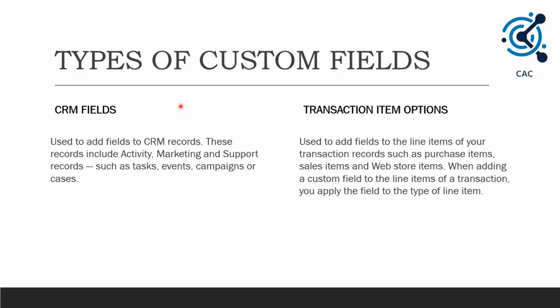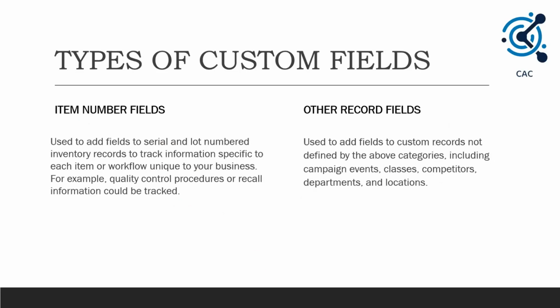Then we have transaction item options. These are used to add fields to the line items of your transaction records, such as purchase items, sales items, web store items. When adding a custom field to the line items of a transaction, you apply the field to the type of line item. I'm not going to go over this one in detail today or the CRM fields, but it's just to give you an idea that these things are available.